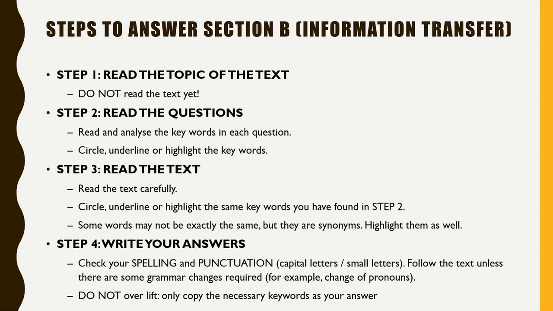Step number 2, you read the questions carefully, and then you need to analyze each keyword in the question. So you can circle, underline, or highlight the keywords that you find there. Next, step 3, you need to read the text, and also you need to circle, underline, or highlight the same keywords that you found in step 2.